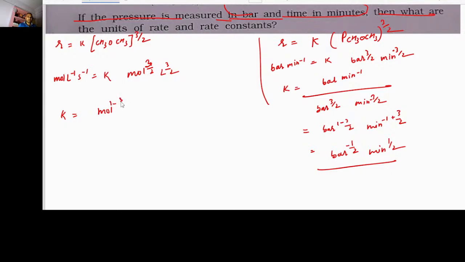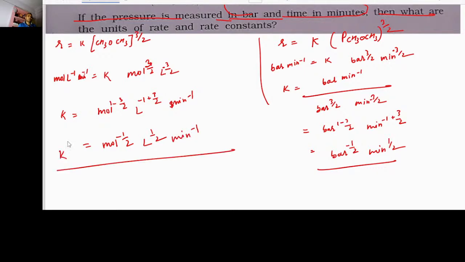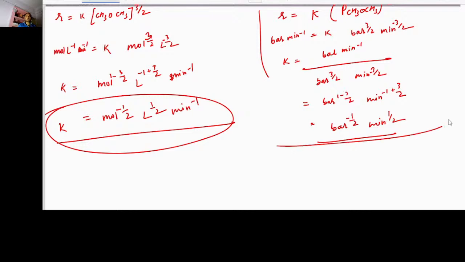So minus 3 by 2, and here liter minus 1 is there, this is the mole per liter, so it will go 3 by 2, and minute inverse is there, not the second, this is the minute. So minute inverse, solve it. So mole is there, student. So 1 minus 3 by 2, so minus 1 by 2, liter 1 by 2, and minute inverse. So this is the k unit in terms of concentration, mole per liter, and in terms of bar. So this is the answer.